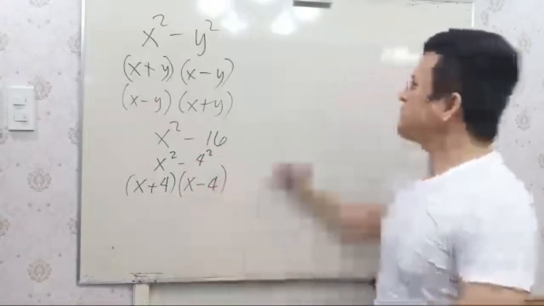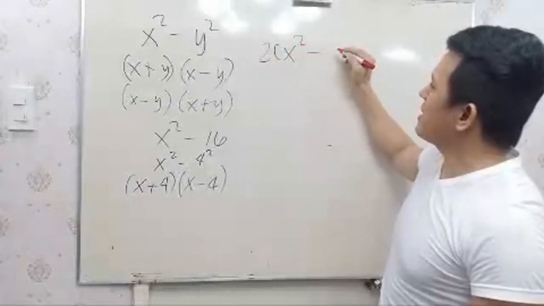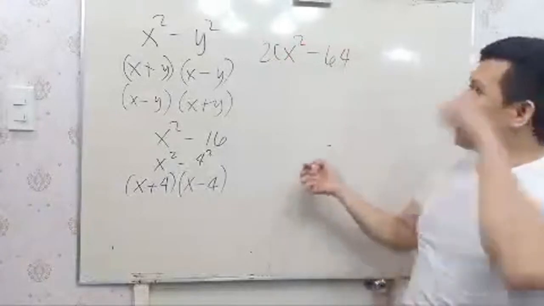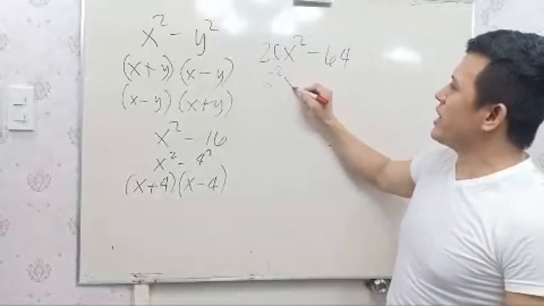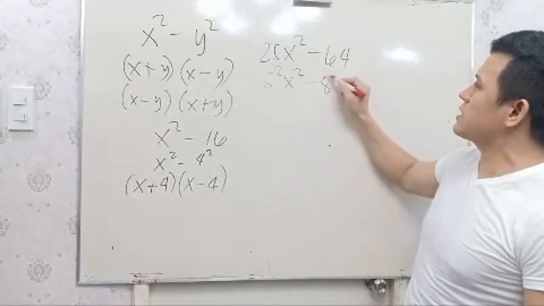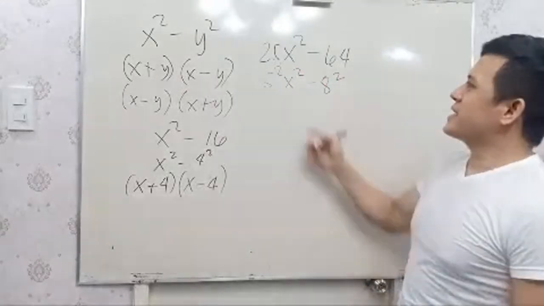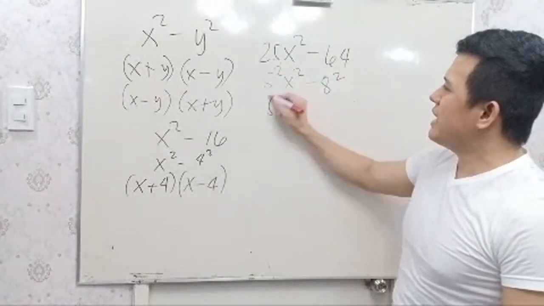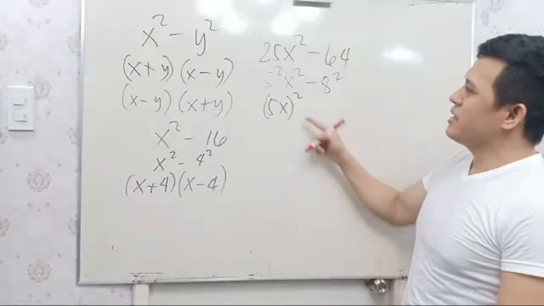Another variant, like 25x squared minus 64. How do we do it? We know that 25 is equal to 5 squared. So this is 5 squared, x squared, minus 8 squared, because 64 is 8 squared, or 8 times 8. Since both are squares, we can say 5x squared, using the laws of exponents, which I'm going to discuss later.